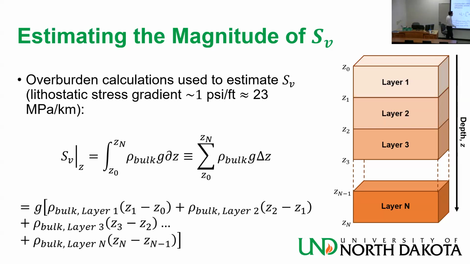Every layer has a density, and you multiply that density with the height of the layer, and you create a pressure value, and you add it up to a big pressure value. That would be the SV at the point of interest, which in this schematic on the right is directly below ZN.